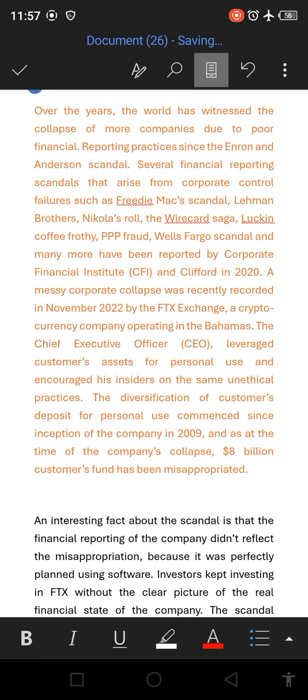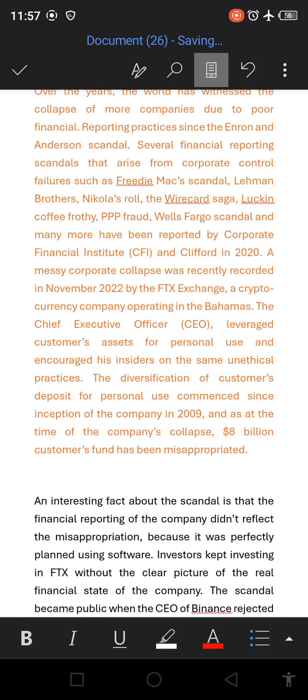So let's continue. Several financial reporting scandals that arise from corporate control failure, such as, you see now, I am giving an example of the scandals that have happened after the Enron scandal, despite the fact that corporate governance in organizations has been tightened. We see failures such as the Freddie Mac scandal. A lot of people might not even know about these scandals when it comes to corporate governance.